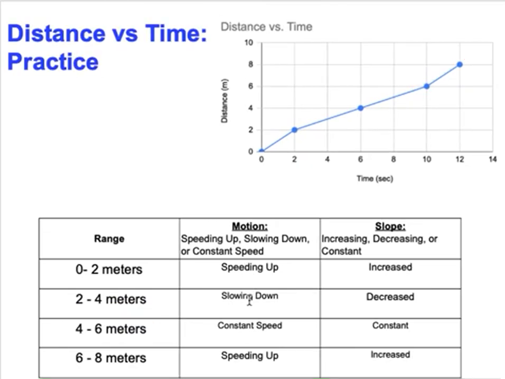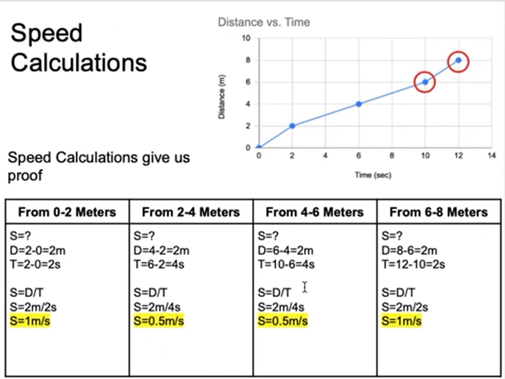It went speed up, slow down, constant speed, speeding up. Okay, so now when I look at this graph and how I did it qualitatively, just looking at it and doing the math, my math proves that my object did exactly what it did. All right, and that's how you use the speed equation to prove when you look at a graph what's going on. And that's what we're doing this week in our labs.